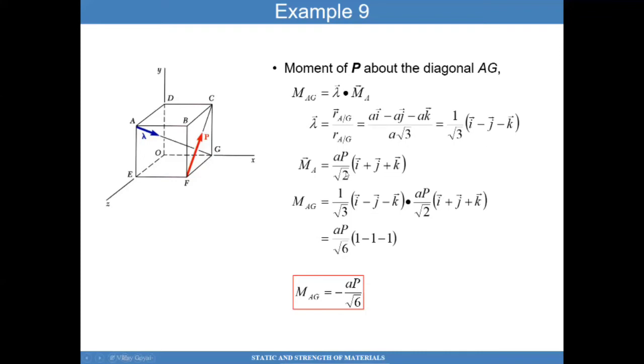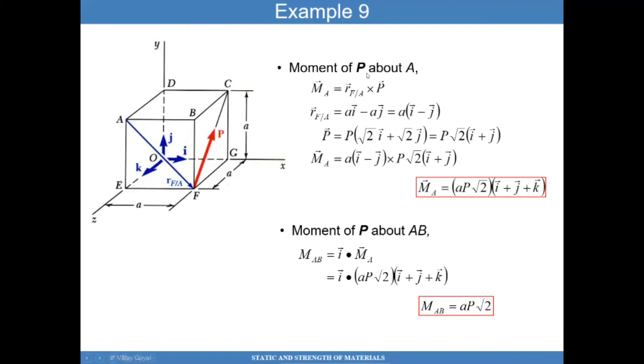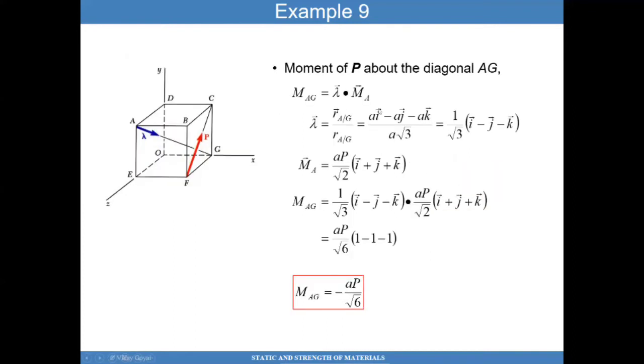So now I take MA, which was calculated in the first part of the problem, the moment of this force vector P about A, and take the dot product with lambda. That's a straightforward calculation, and that's how we calculate the moment about that axis.